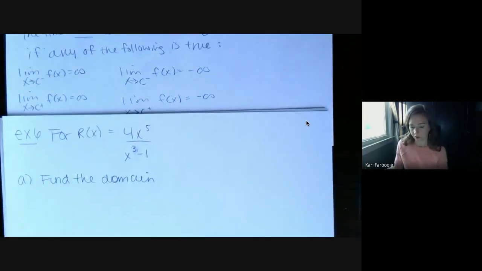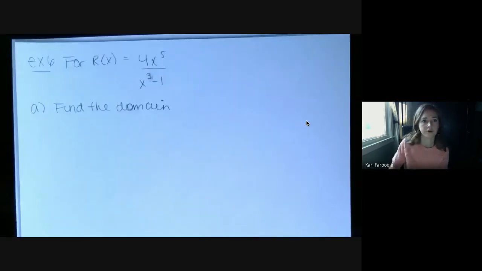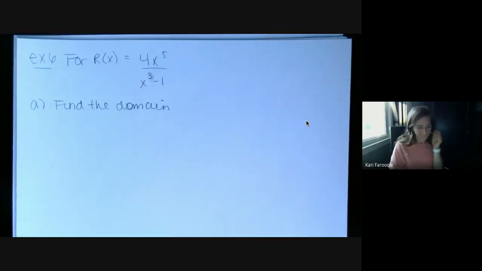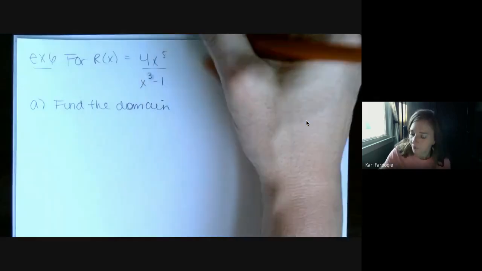The first thing we're going to do is find the domain. So technically for something like this, you should factor the denominator. If you don't remember how to factor a difference of cubes, there's a rule for it.